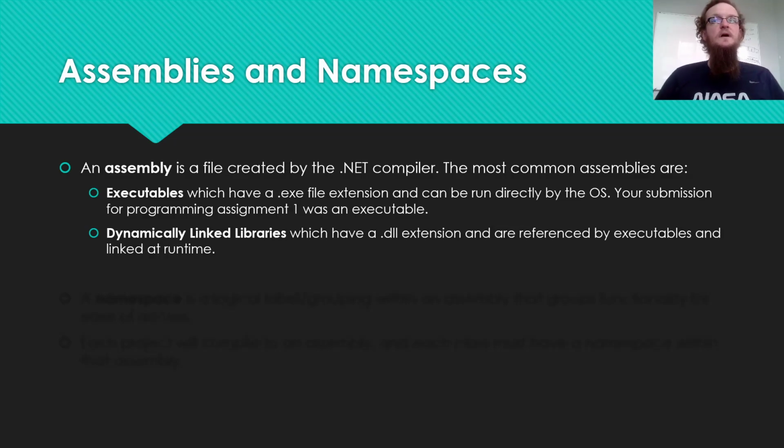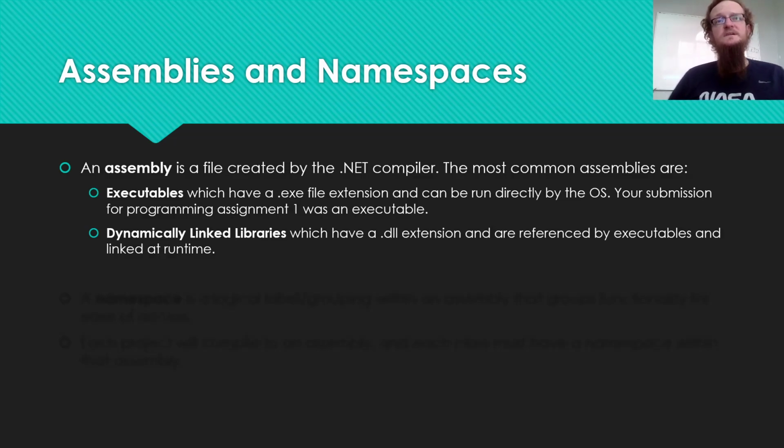These are .exe files, and they are runnable directly from the operating system. These are very similar to C++ applications that have a main method. These things have entry points, and the operating system can use that entry point to actually run the code and do whatever it is that the code is designed to do.